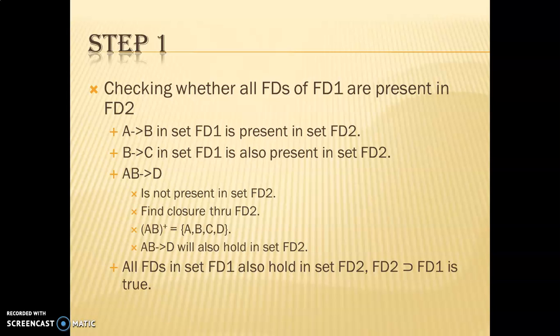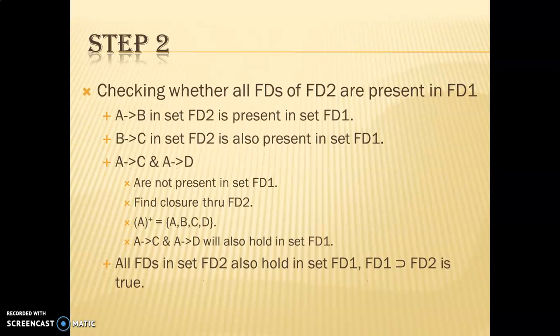While doing this, we can derive all the attributes by using the functional dependencies in FD2. So, AB determines D also indirectly holds in FD2. So, now we can say FD2 is a superset of FD1.